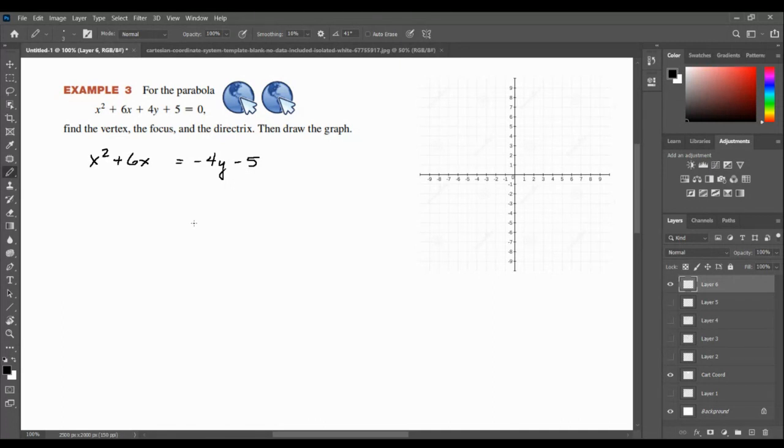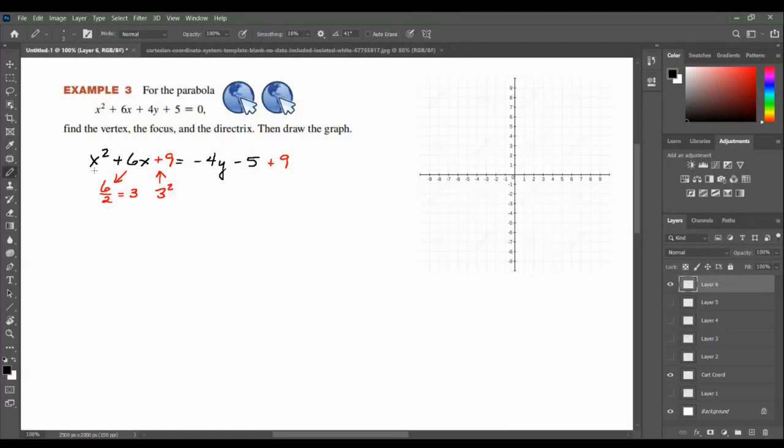And now I need to complete the square, and if you'll recall, we take the middle term, divide it by 2, square it, and add it back in. And anything I do to the left, I need to do to the right.